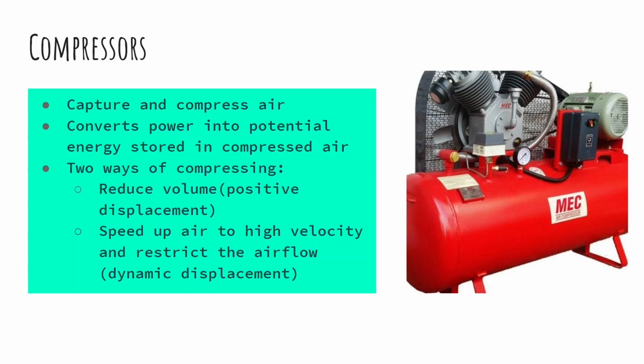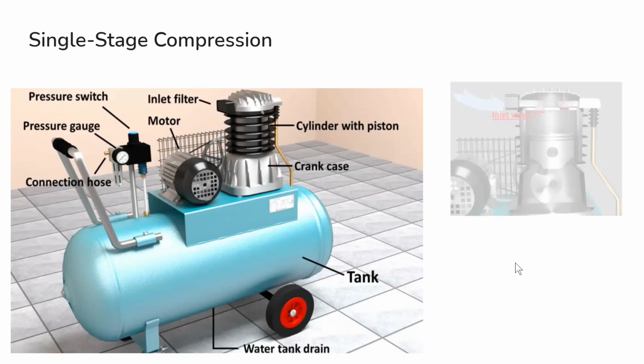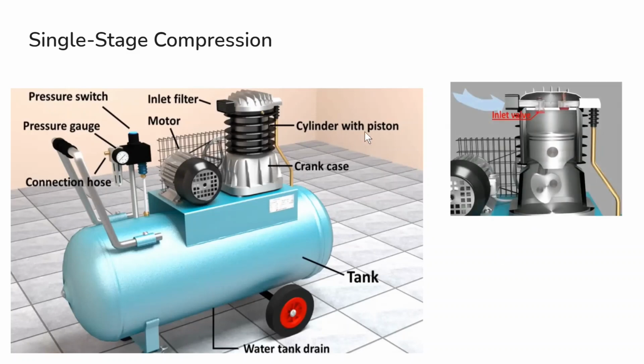Now let's see the working of a compressor with an example. Let's see single stage compression. This is the compressor. We have many components in this. Let's see the working of it. This is the cylinder with piston. Inside it looks like this.